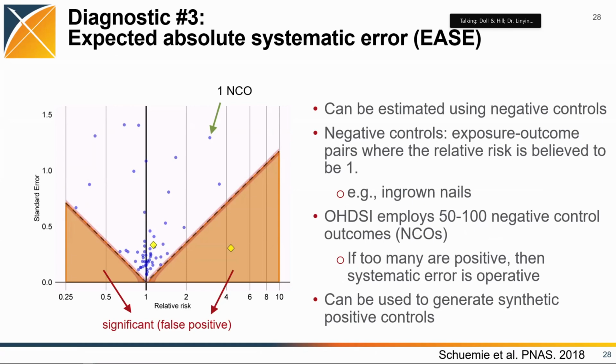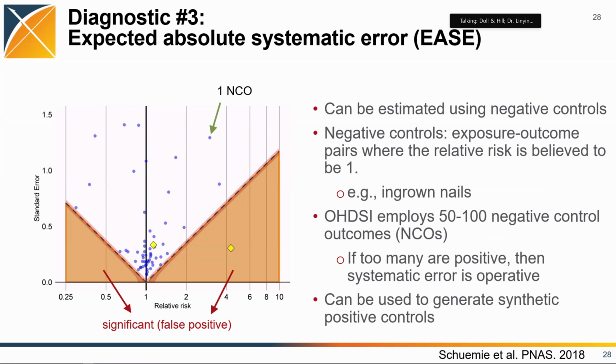If you're studying the effect of antihypertensive medications, blood pressure lowering drugs, that drug should have no effect on an outcome like ingrown nails. So in this case, ingrown nail is a negative control outcome. And in the community, for every study, we select a set of somewhere between 50 to 100 negative control outcomes to assess the residual confounding in the study.